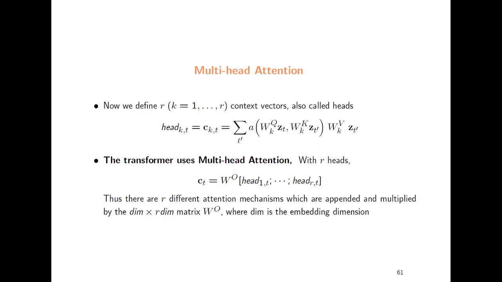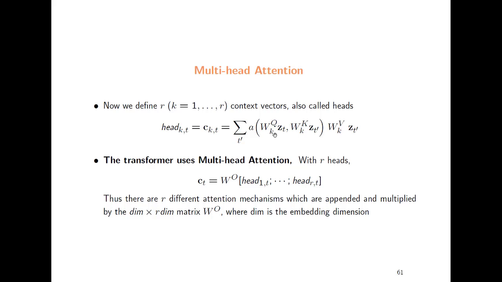But not only that, we learn several of these context vectors. We define an index from 1 to R, and for each of these indices we can learn different W matrices. So the W matrix now also gets an index K. We don't just produce one context vector, but we produce R of them, and in this context they are called heads.